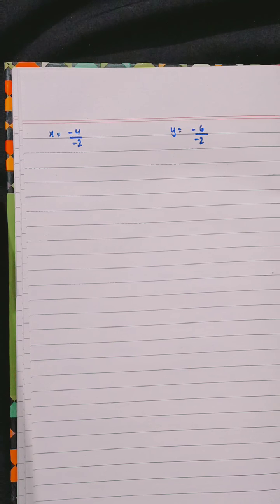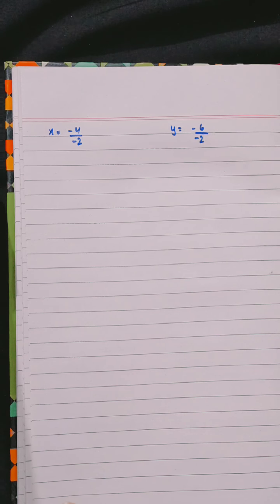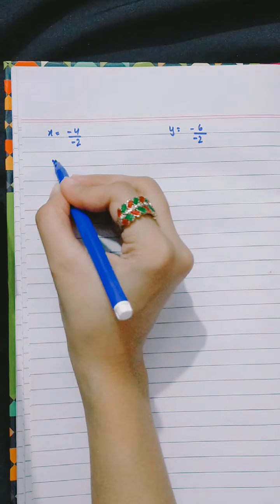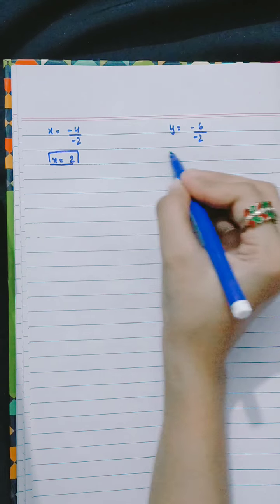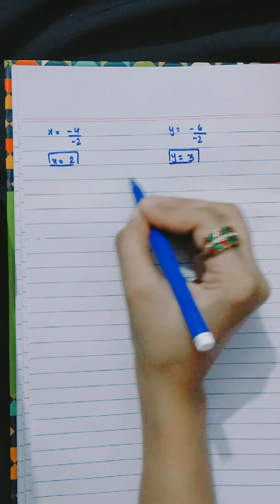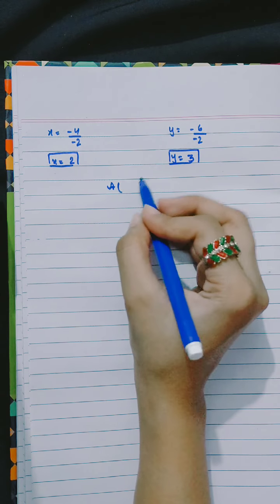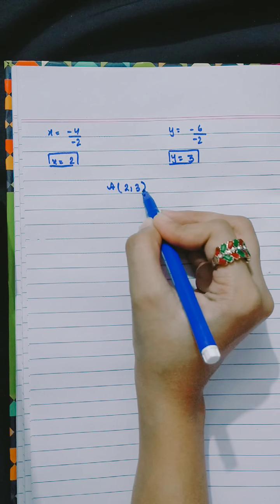X is equals to minus 4 divided by minus 2 and y is equals to minus 6 divided by minus 2. X is equals to 2 and y is equals to 3. Coordinates of A: 2, 3.